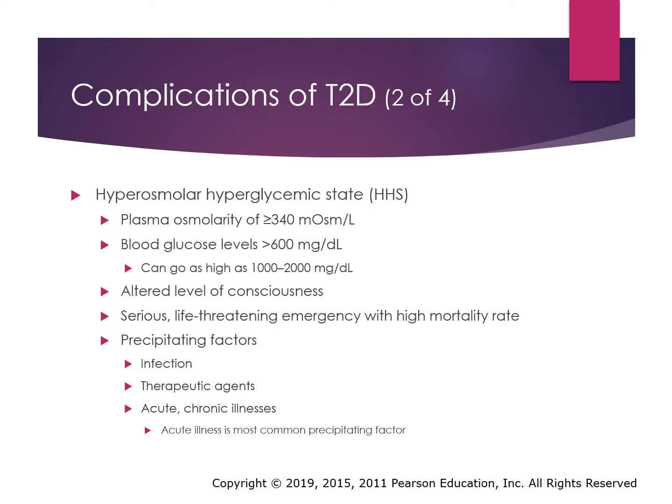The precipitating factors that are associated with HHS include infection, therapeutic agents, therapeutic procedures, acute illnesses, and chronic illnesses. The most common precipitating factor is an infection. The manifestations of the disorder may be slow to appear, with onset ranging from 24 hours to 2 weeks, and they're initiated by hyperglycemia, which causes increased urine output.